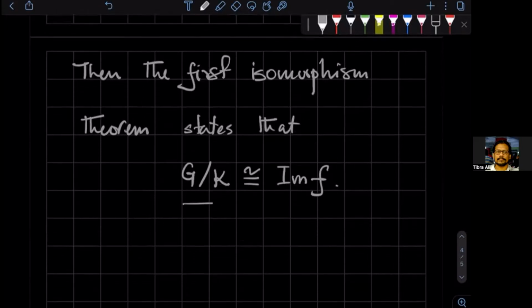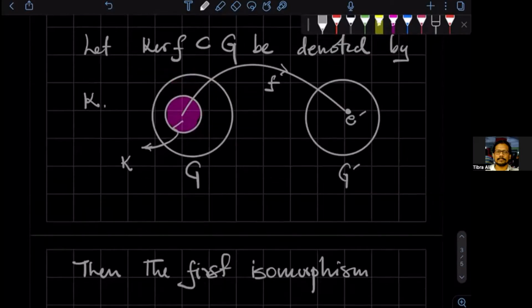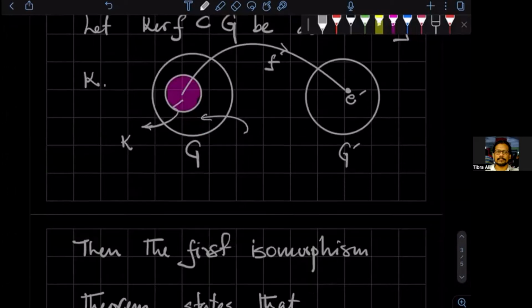What is G over K? G over K is the quotient group, the coset space of G and K, but we know that it's a group because we know that K is a normal subgroup. That was one of the things that you had to prove.